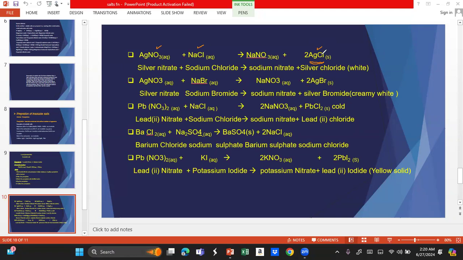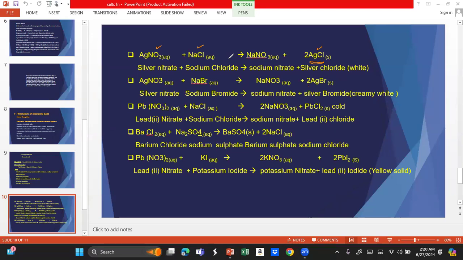All nitrates are soluble. First go for nitrate. Just take this metal from the salt and put nitrate with it. Now, if these are halides, sulfates, carbonates, take group one carbonates, group one sulfates, group one iodides, chlorides, whatever. All are soluble.